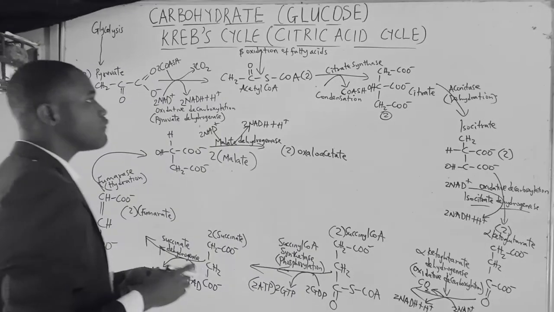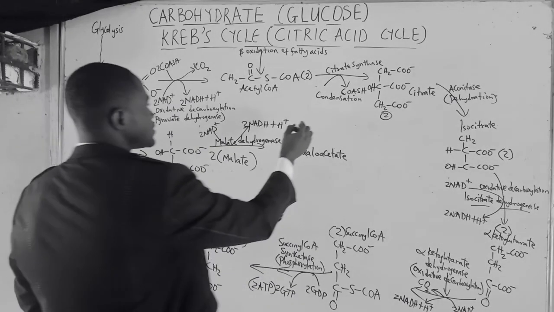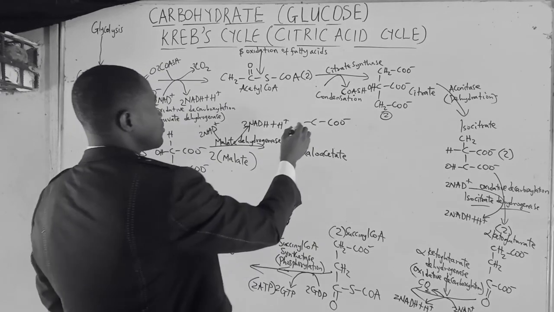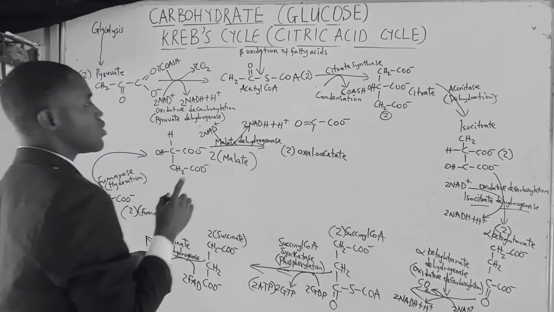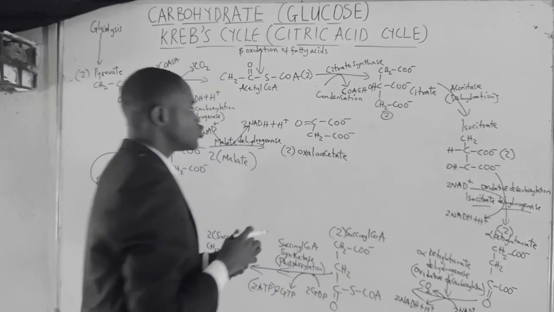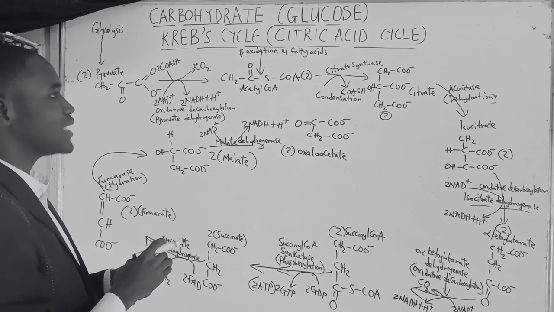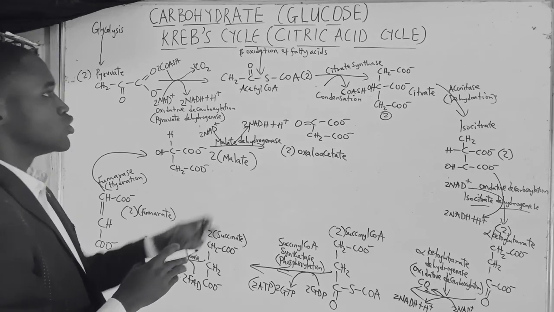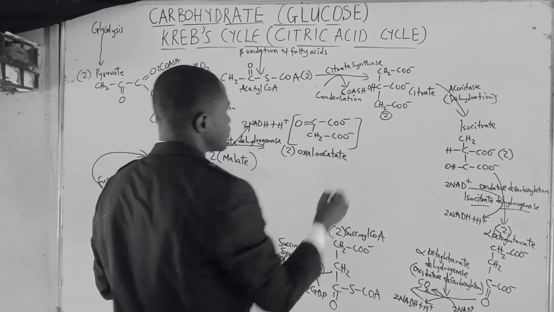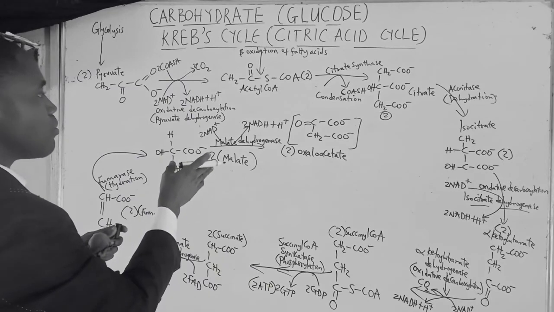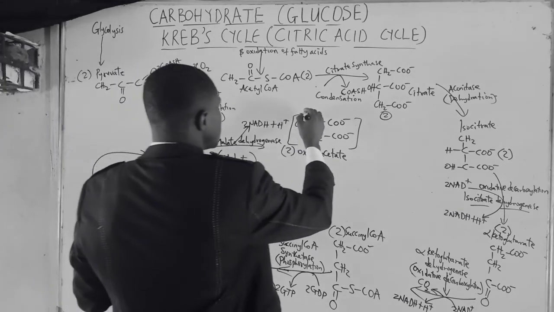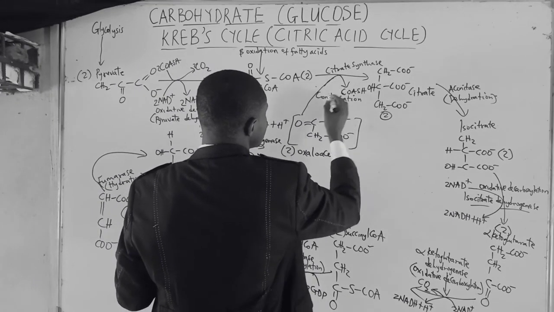And what is the structure of 2 molecules of oxaloacetate? We have it this way. So this is the structure of 2 molecules of oxaloacetate. So it is these 2 molecules of oxaloacetate that will continue with this.